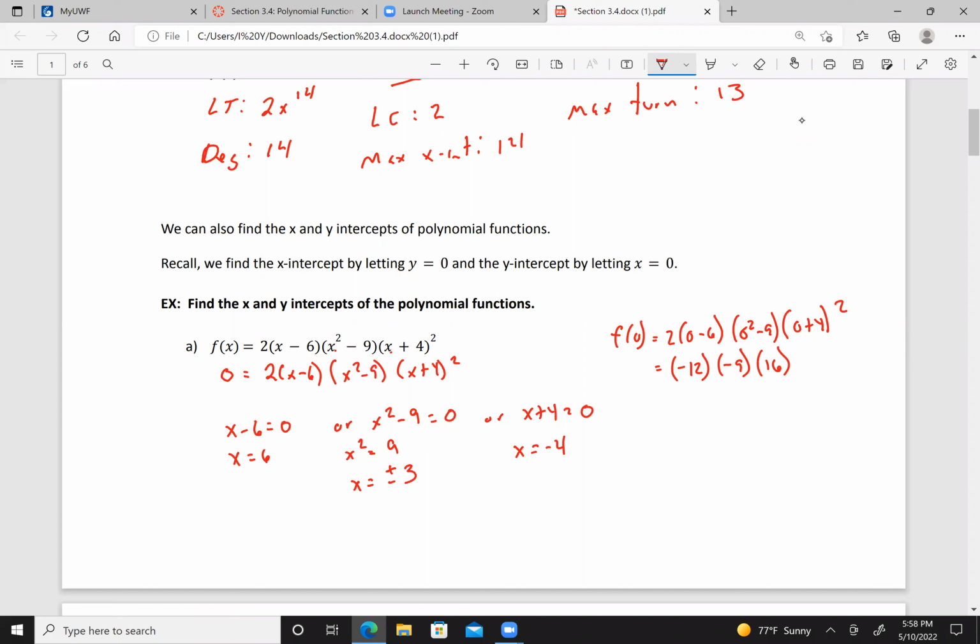Now I have negative 12 times negative 9 times 16, and I get 1,728. That's pretty far up there. So these are my x-intercepts, and this is my y-intercept.